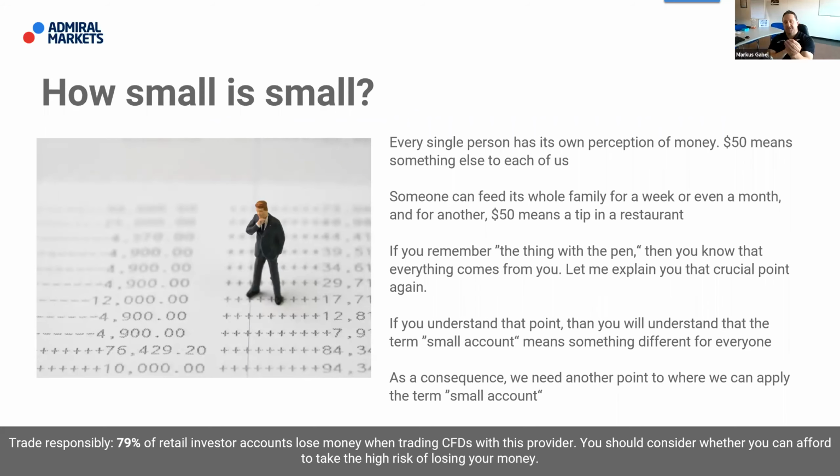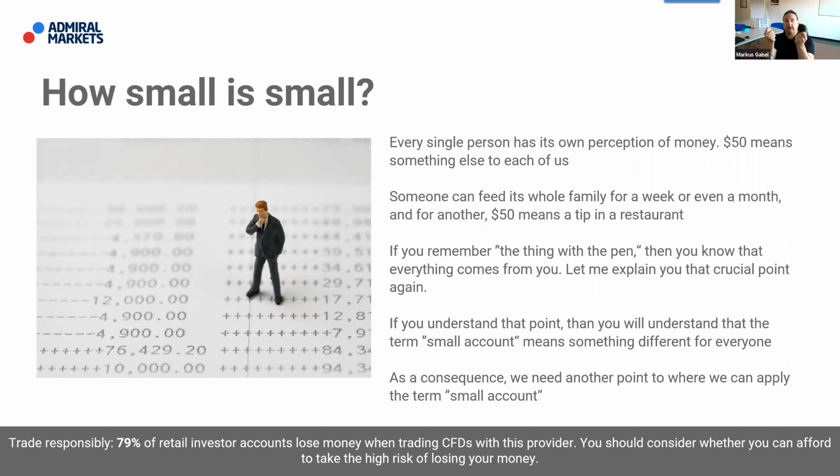So this is how our mind works. And this is like a chart, and this is like money. 50 euros means for you, you can feed your whole family a whole month or a week. And for another one, 50 euros is just a tip in a restaurant.